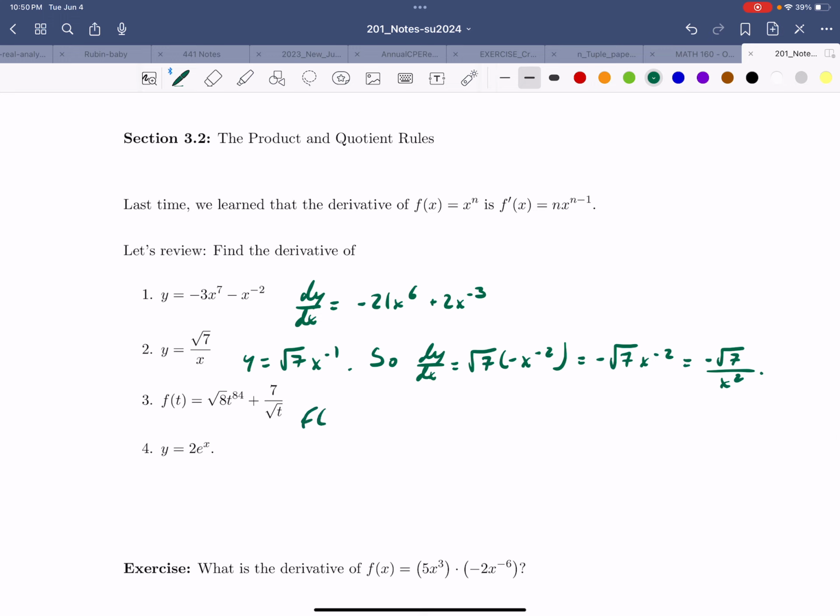Here, we can rewrite f of t as root 8 t to the 84th plus 7 t to the negative 1/2.